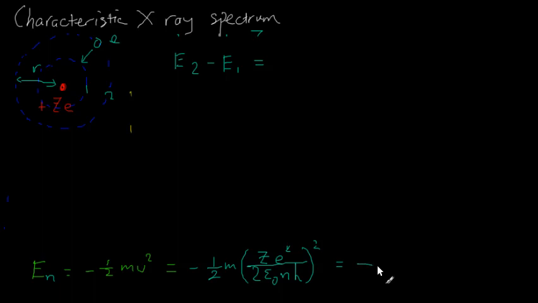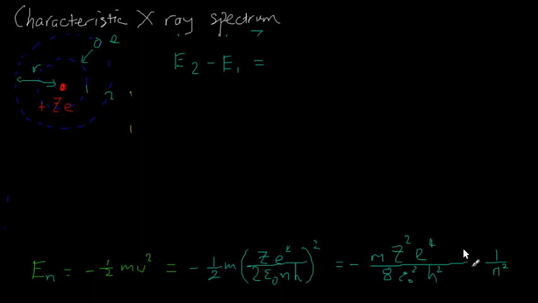So the m there, from the Z I have a Z squared, the e squared I have an e to the power 4, and the 2 squared there gives an 8, epsilon naught squared and h squared, and the n there, I'll think about this as a separate factor, times 1 over n squared, because I'm going to use different n's.